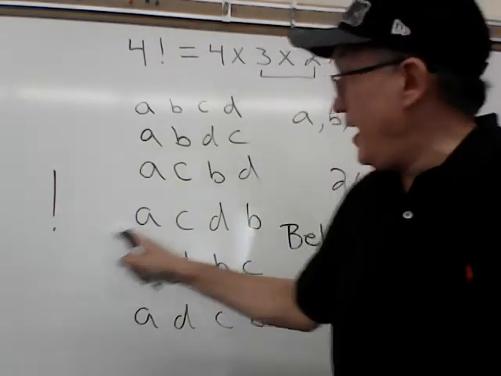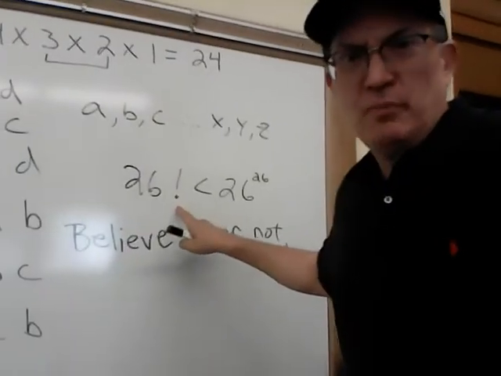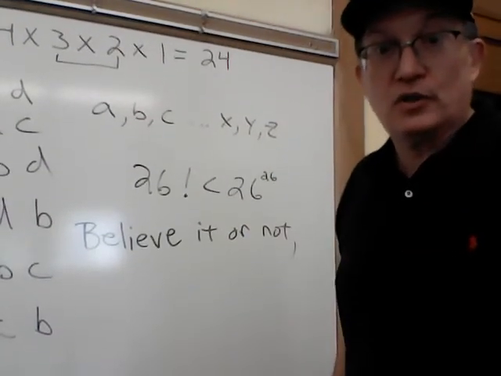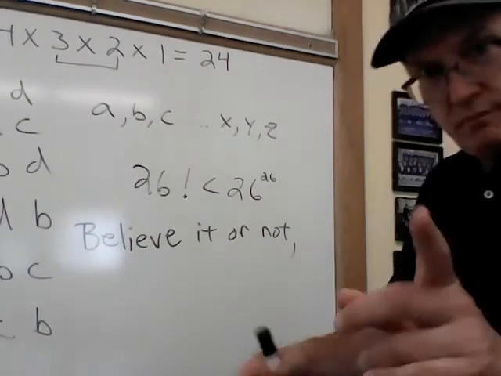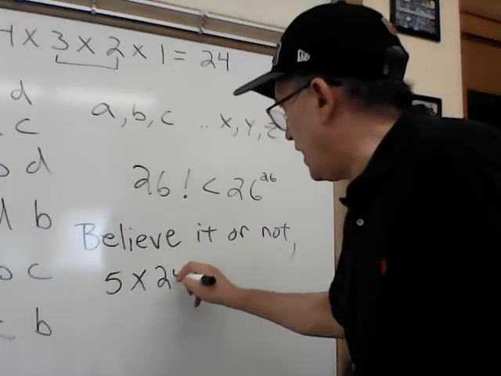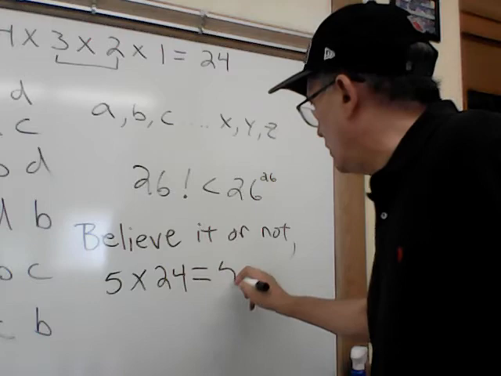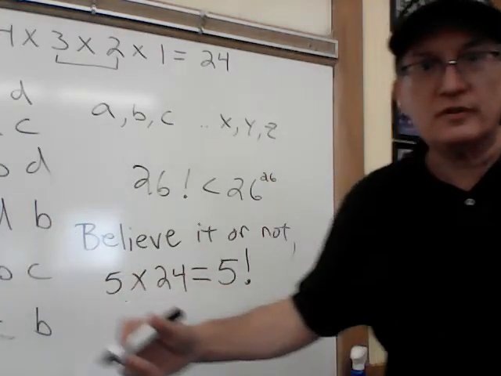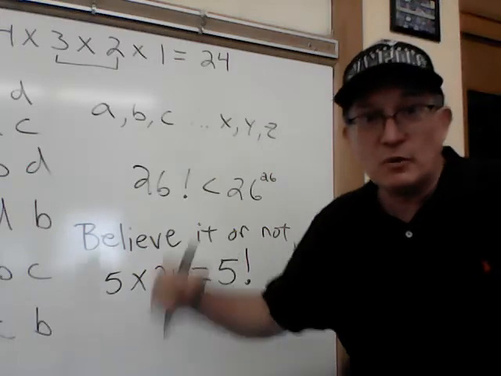Exclamation. And then the same symbol really, but in math, which means factorial, which I just explained to you. Well, here it comes. Believe it or not, 5 times 24 equals 5. 5 times 24 equals 5.